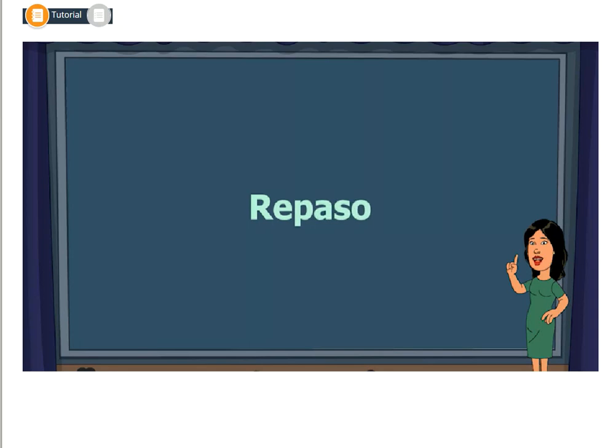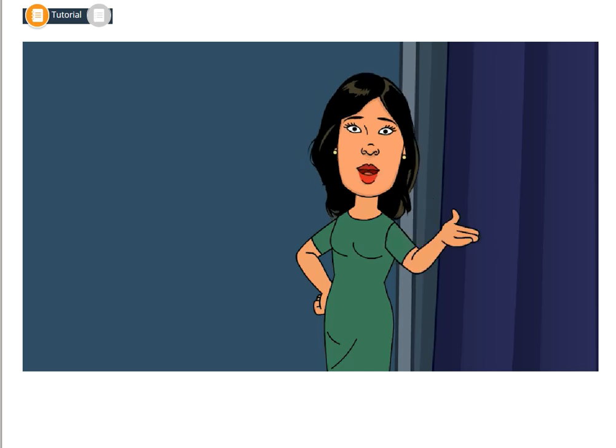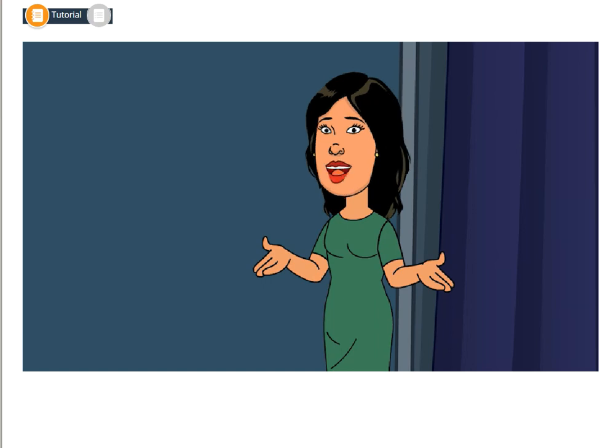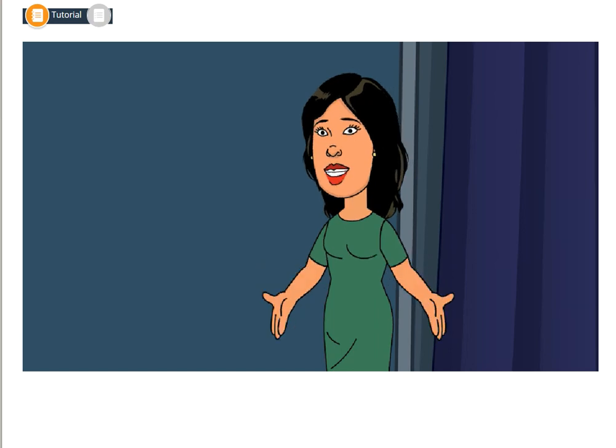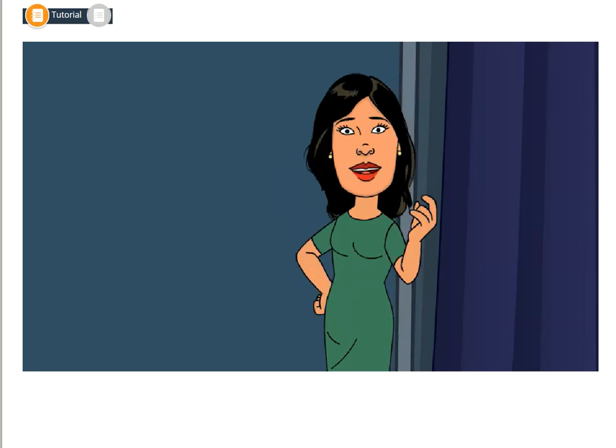Let's review all you've learned so far about the present tense. You learned that you form the present tense of regular verbs by dropping the infinitive AR, ER, and IR endings and adding personal endings. You learned that some verbs have stem changes in the present tense. Finally, you learned that many verbs have irregular yo forms in the present tense.